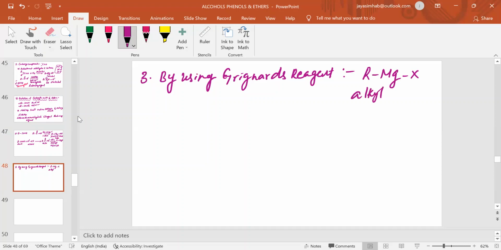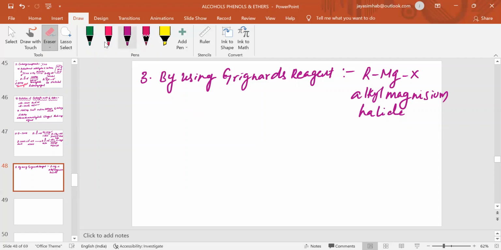R means alkyl, Mg is magnesium, and X is halide, any halogen like chlorine, bromine, iodine. So how? Again from carbonyl compounds. Carbonyl compounds means RC double bond O, right? So from carbonyl compounds only again.